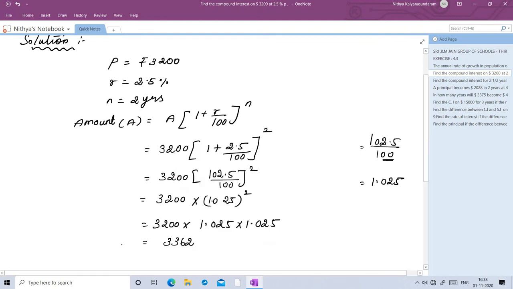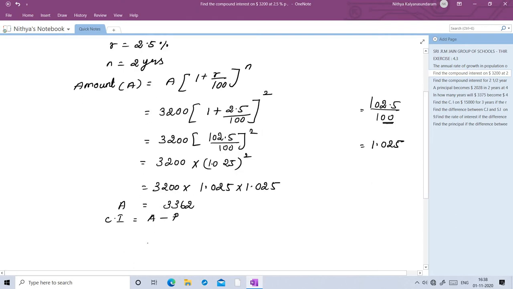This is your amount. Then we find the compound interest: amount minus principal. So amount is 3,362 minus principal 3,200. Subtract, you will get rupees 162. Therefore, the compound interest is rupees 162.